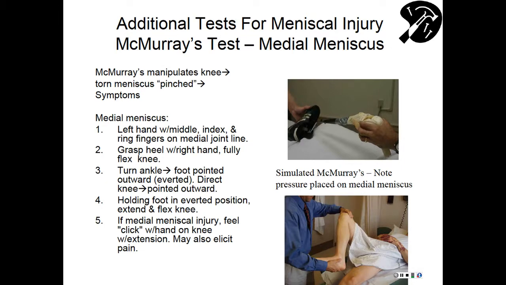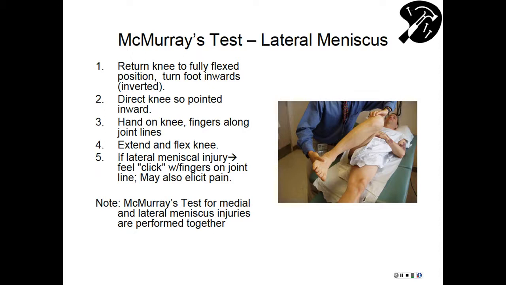And so you've got a video of this, an easy way to look at the McMurray sign on the medial meniscus. And here you go on the lateral meniscus, how you would do that. And you've got a video of this.